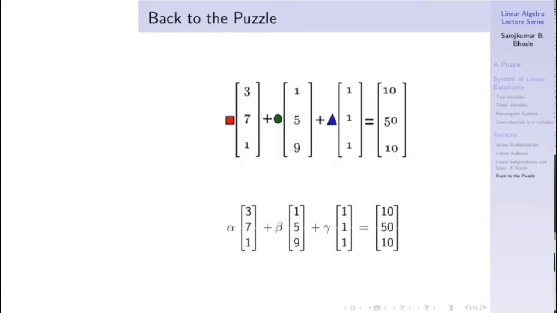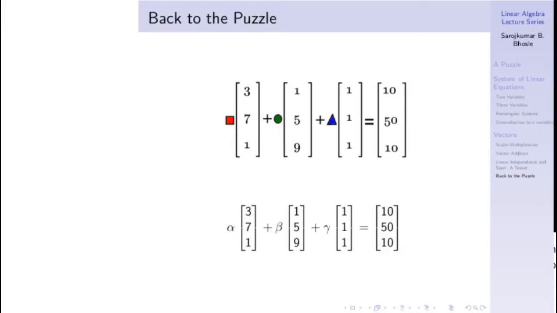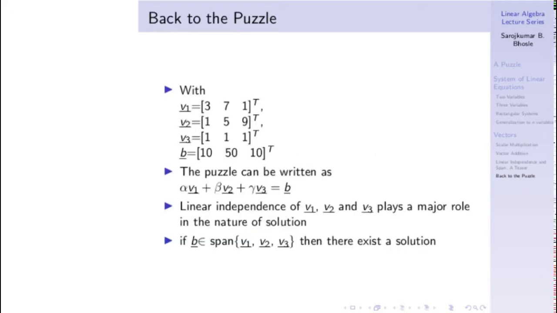Now coming back to the puzzle where we started this particular module. Herein, if we replace these unknown shapes by alpha, beta and gamma, we can get this system of equations, and we can represent these vectors by say v1, v2 and v3, and then we can comment on the nature of the solution.